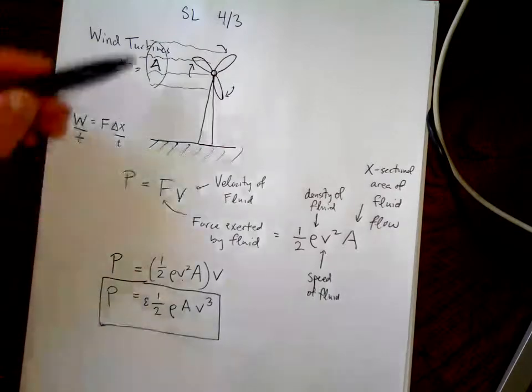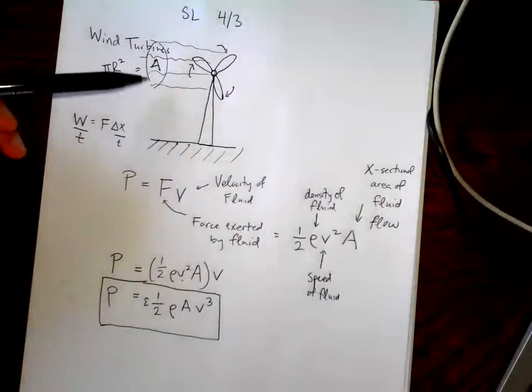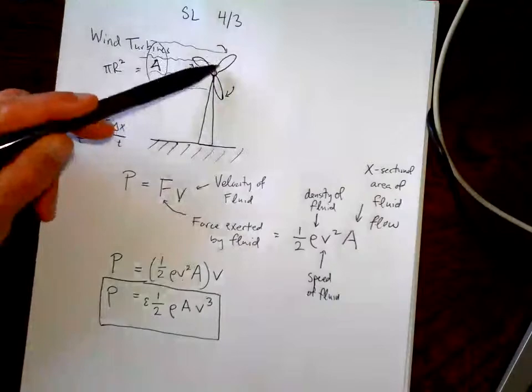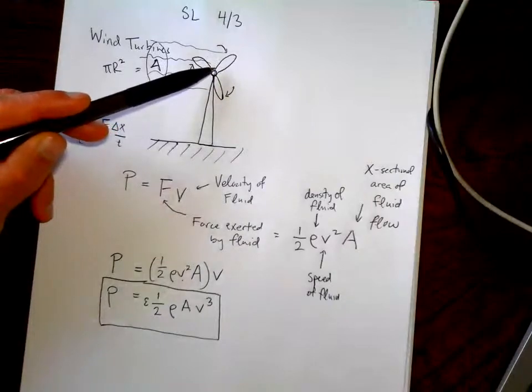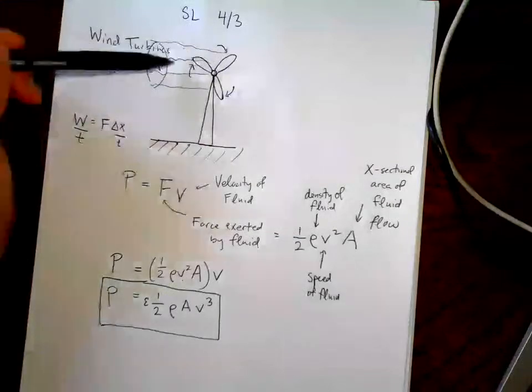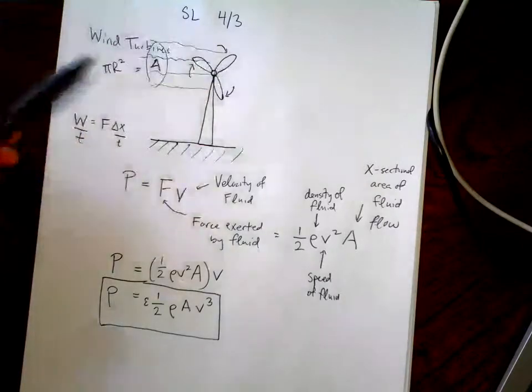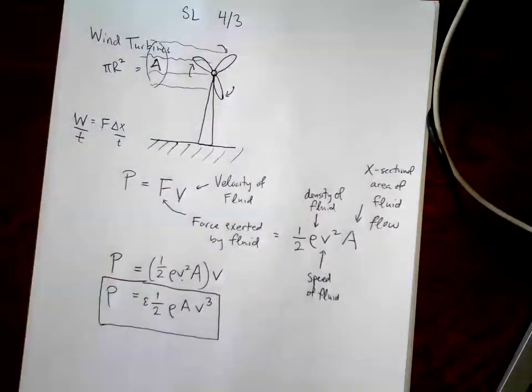Now, wind turbines are actually not very efficient in some cases because if you think about it, there are gaps between the blades, and wind gets through the gaps, which means that kinetic energy was not harvested. So that's something to think about.